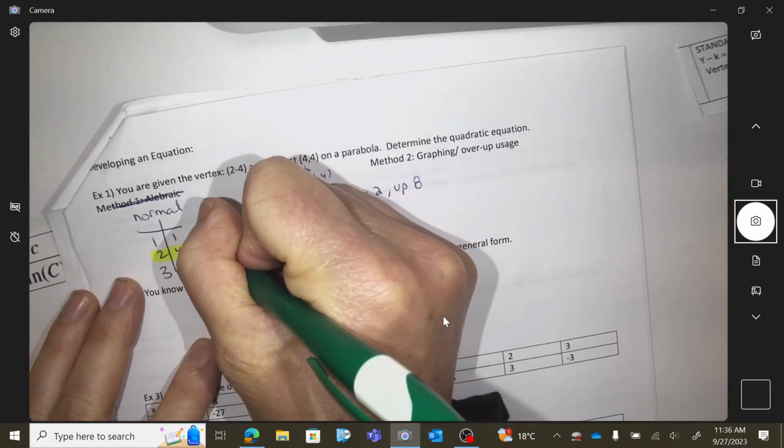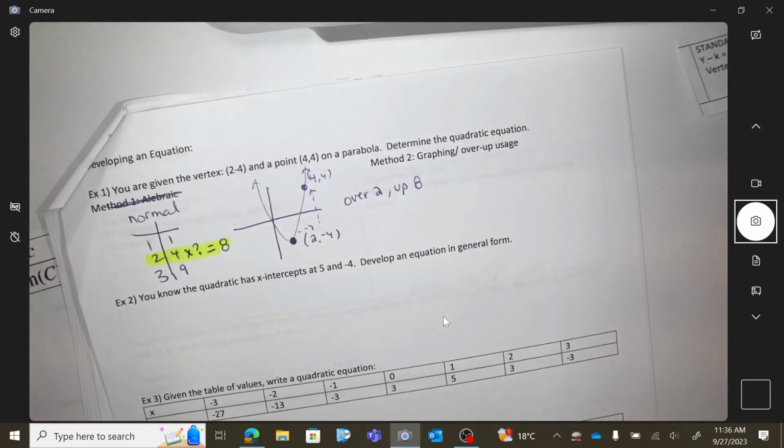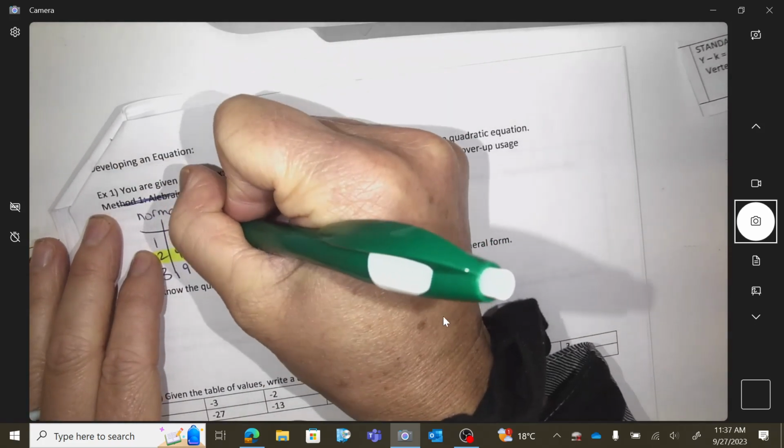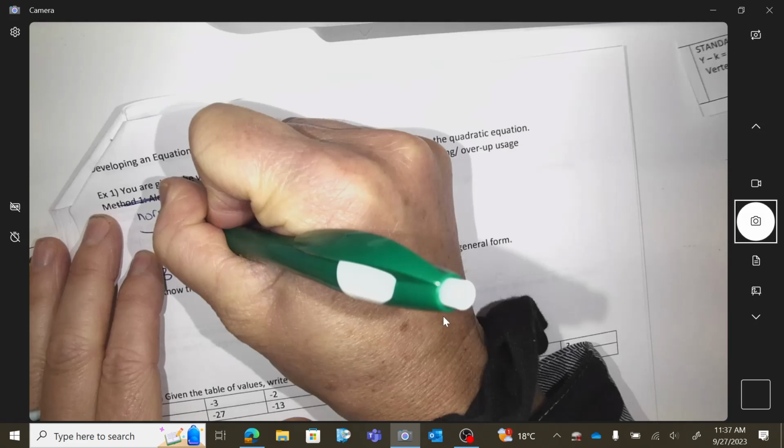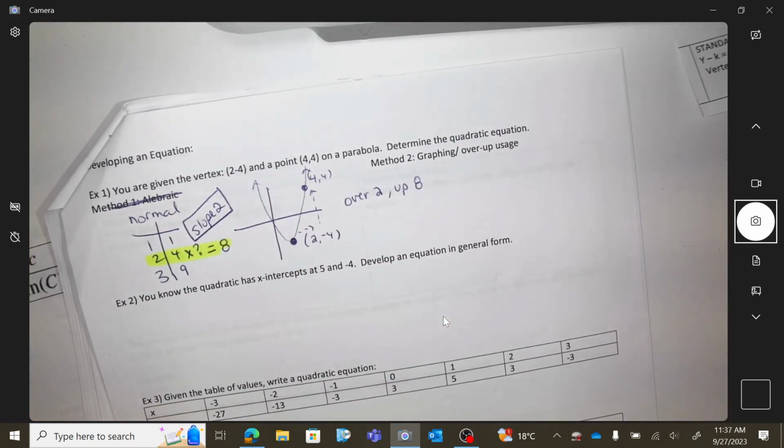So what would my slope be? What did I have to multiply by? Would we agree the slope is going to be 2? You should have gone up 4, but you went up 8.